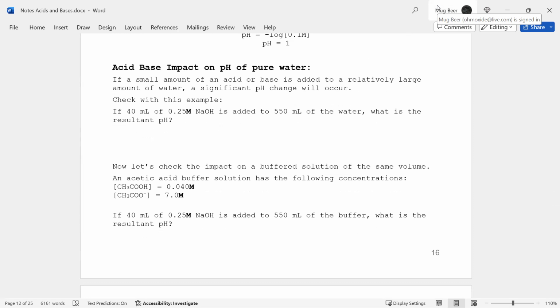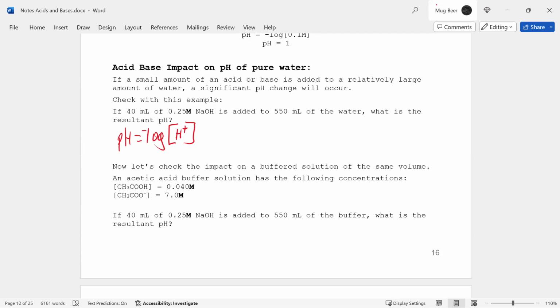What's the resulting pH? So how do I calculate pH? pH is equal to the negative log of what? The concentration of H plus. You okay with that? All right. So I need the concentration of H plus. Well, I don't have any of that. I'm going to have to get that. So I need to do a couple of things.